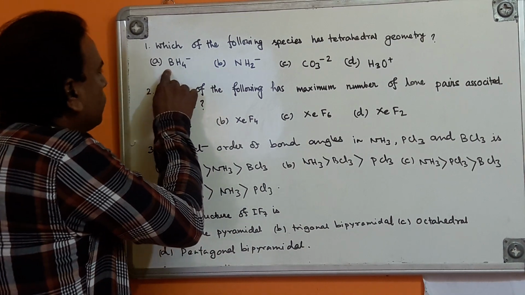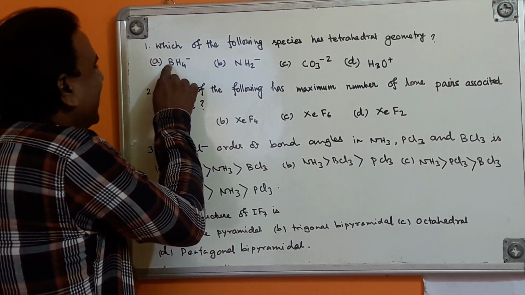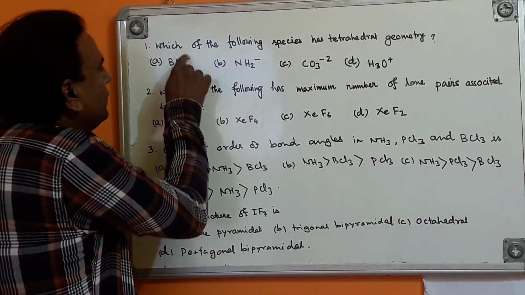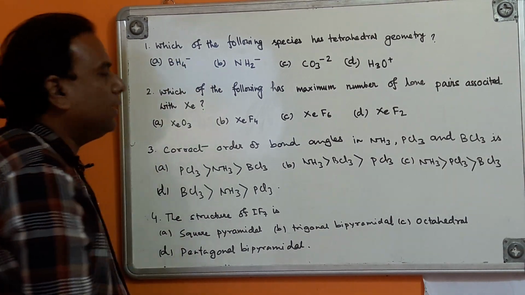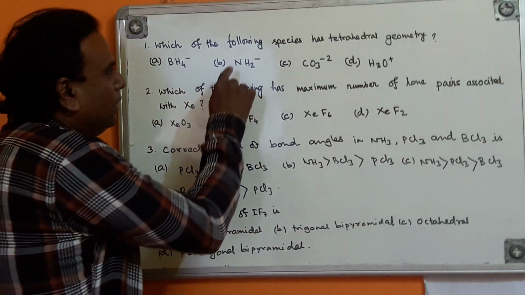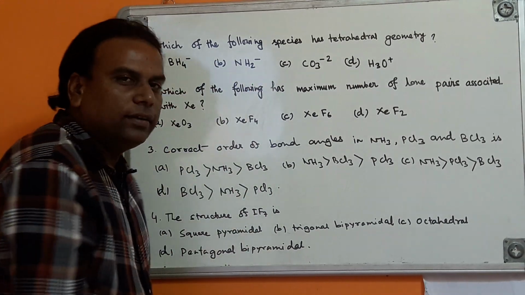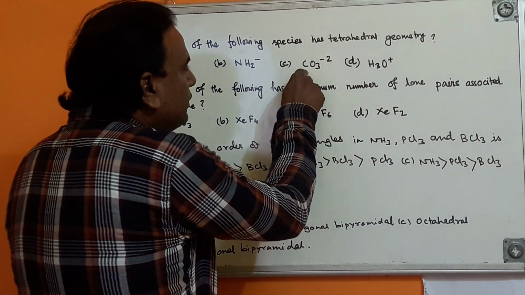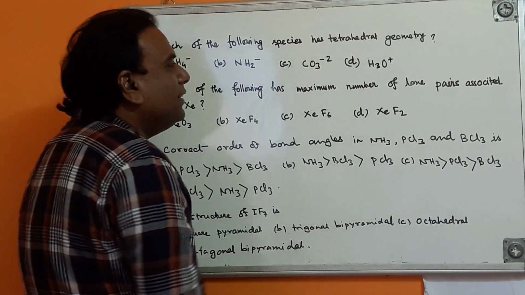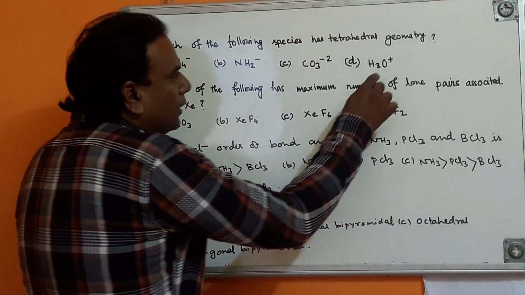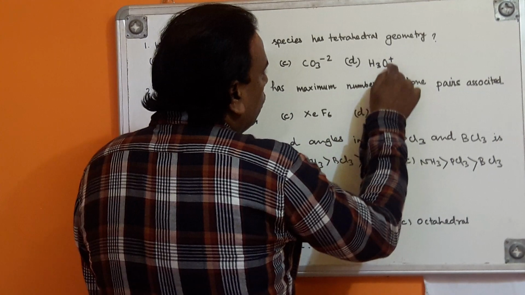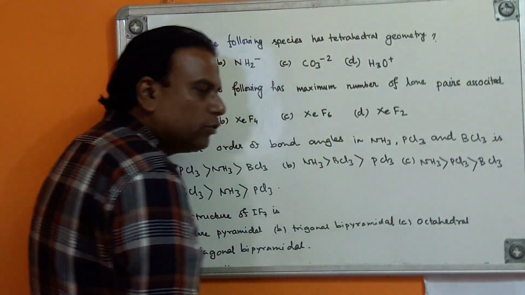Here only in one option, boron, the central atom, is surrounded by these 4 hydrogen atoms. In other cases, the central atom is nitrogen, which is surrounded by 2 hydrogen atoms. Here the central atom is carbon, which is surrounded by 3 oxygen atoms, and here the central atom is oxygen, which is surrounded by 3 hydrogen atoms.